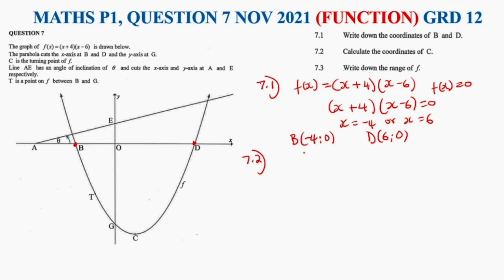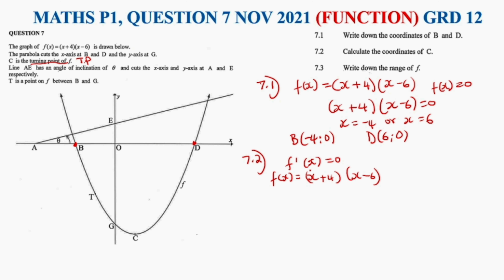Okay, 7.2 says calculate the coordinates of C. What is C? According to the question, C is the turning point. So if it's the turning point, it means we need to get it when the first derivative is equal to 0. So we are going to come into our original equation here and remove all the brackets so that we can take the derivative.